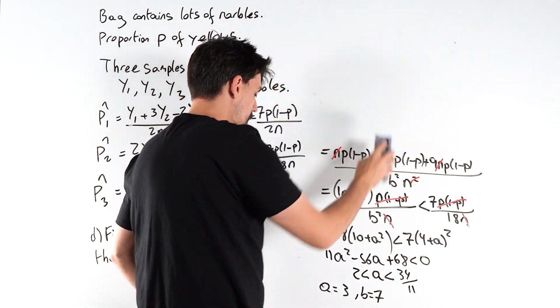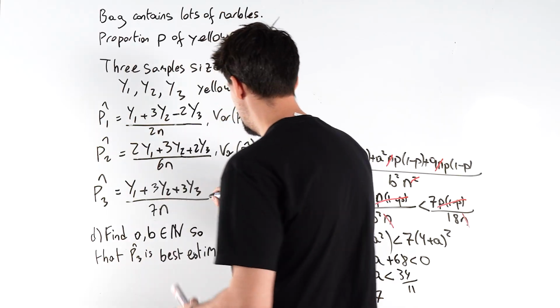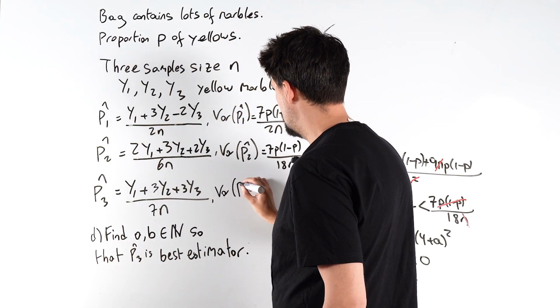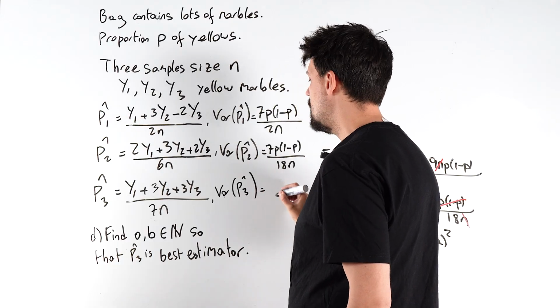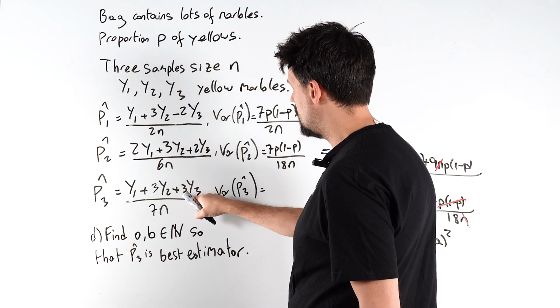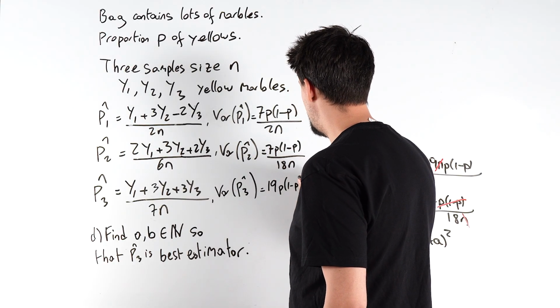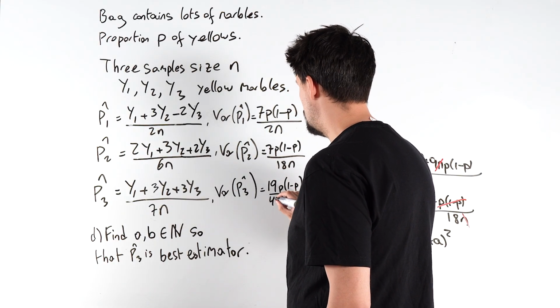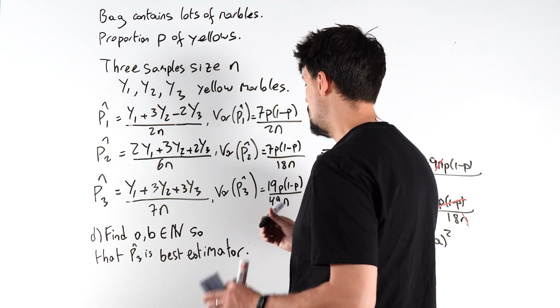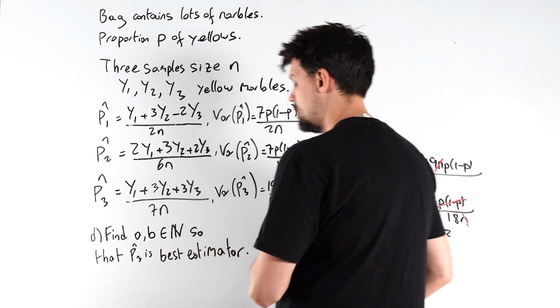At the moment, this would give me a variance of... are any of these better than our bog standard one? That will be 19p(1 minus p) over 49n, I do believe.